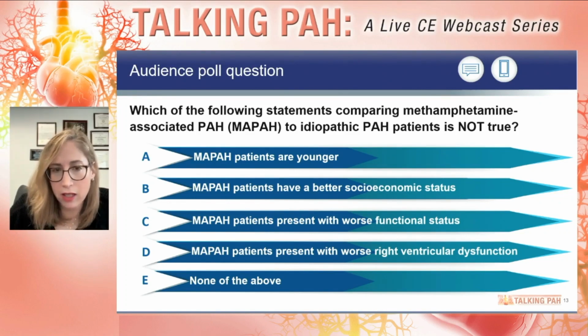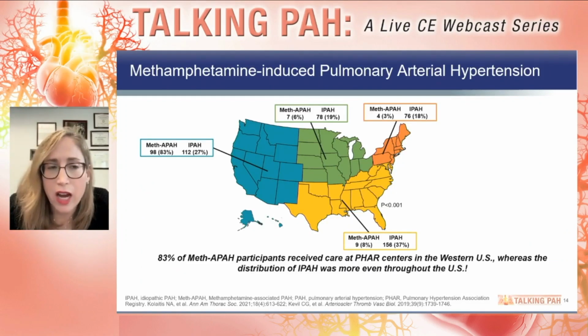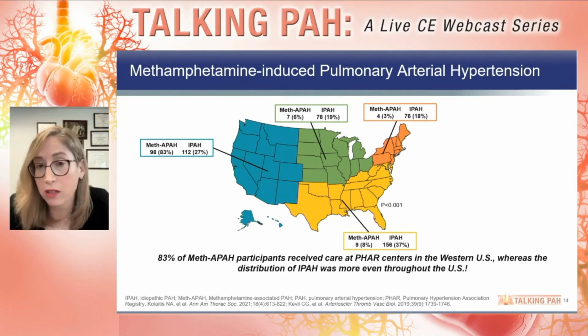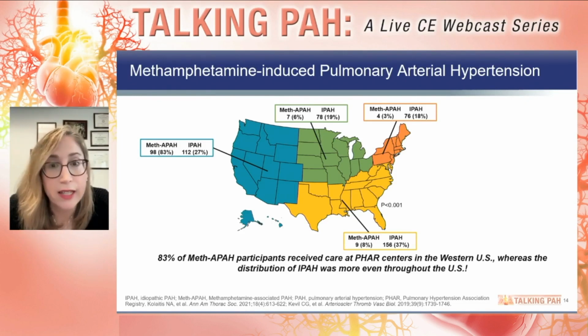I'll be honest, and you can see on this map that based on my experience, I don't have a lot of experience with methamphetamines. I did when I was in Illinois versus when I'm in New York and DC. This is a study that was presented from the PHAR registry data, which is the PH comprehensive care centers around the US, just looking at the incidence of patients that had methamphetamine PAH versus idiopathic PAH.